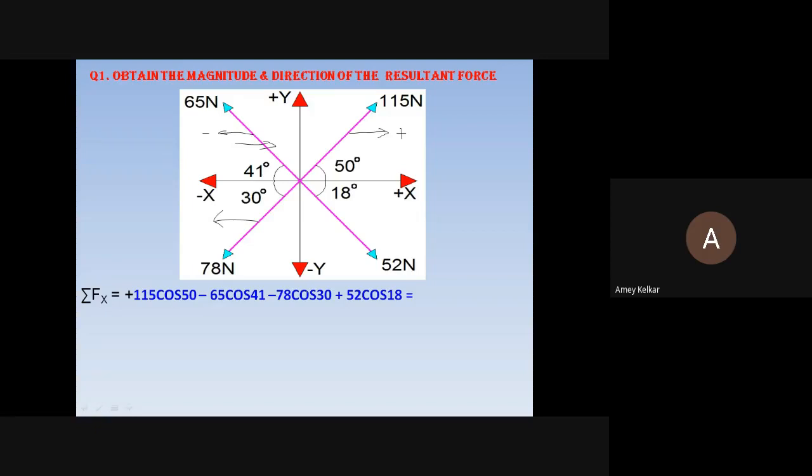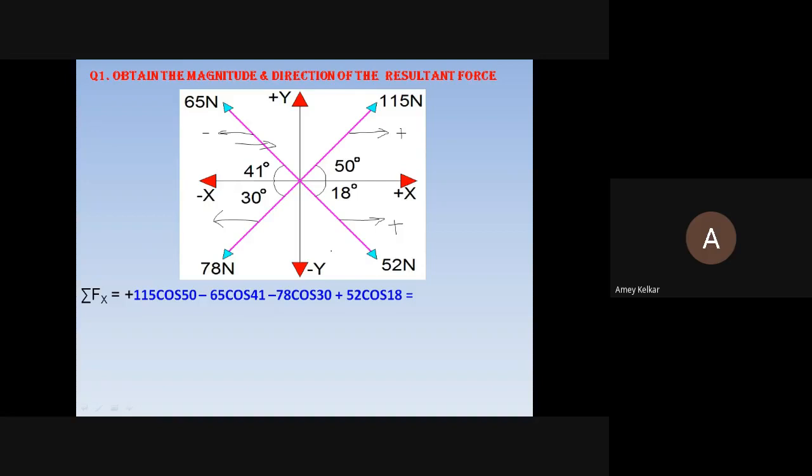Left side means again minus, hence this minus sign: minus 78 cos 30. And when we come to the last force, 52, its component will come towards the right side, which is positive. So it's simple. When forces are going out, in the first and fourth quadrants x is positive, in the second and third x is negative. As simple as that. So this component will be 52 cos 18.